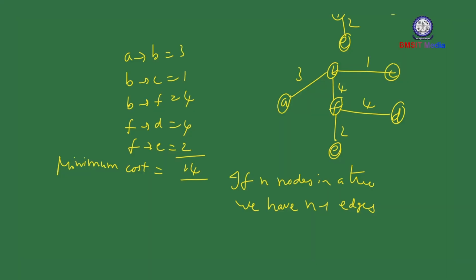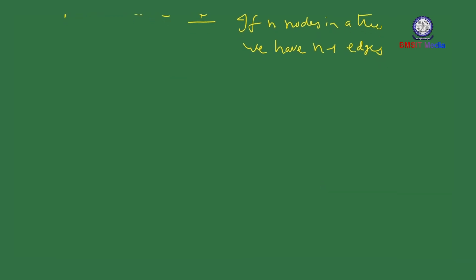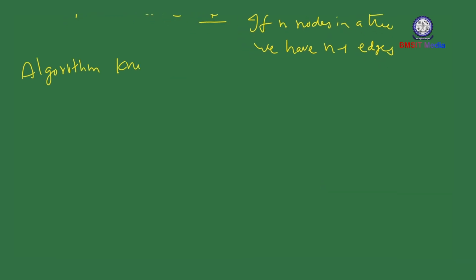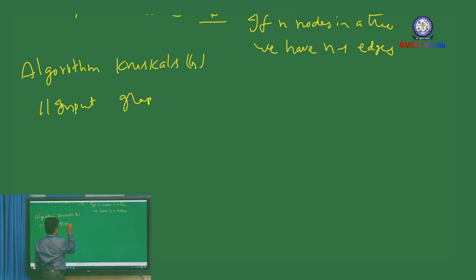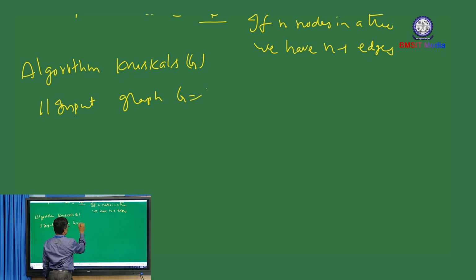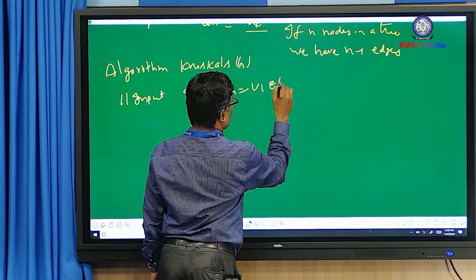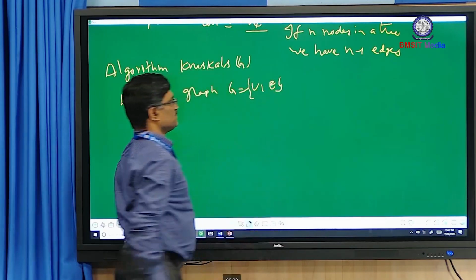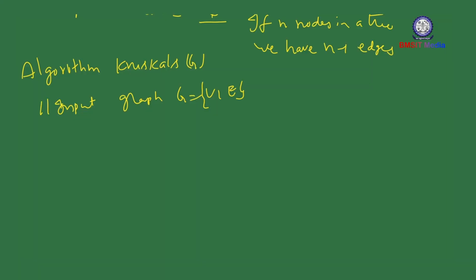Now we have to write the algorithm for this also. Alright, this is simple. Algorithm Kruskal's, G. This is the input. The given graph is G, equal to the set of vertices and edges, you can write it.